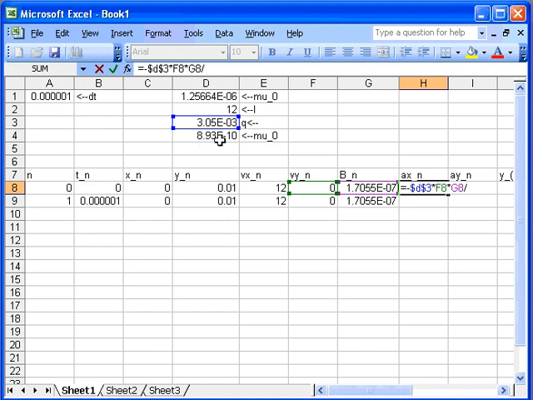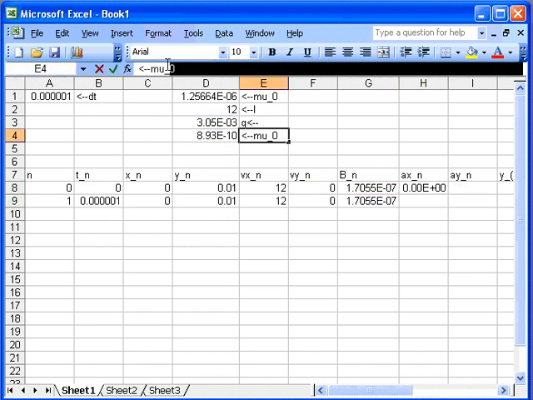I don't know why I called that mu 0, but it's this value right here, D4, $D$4 for the absolute addressing. Then I'll fix this title.